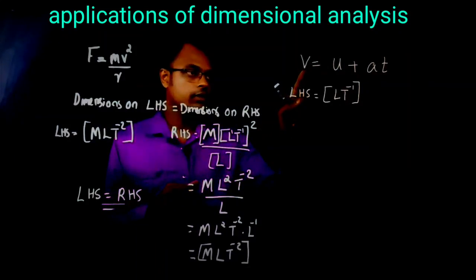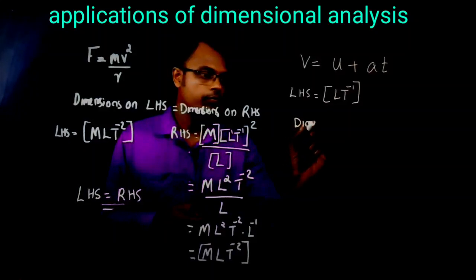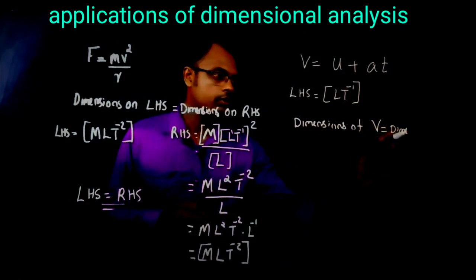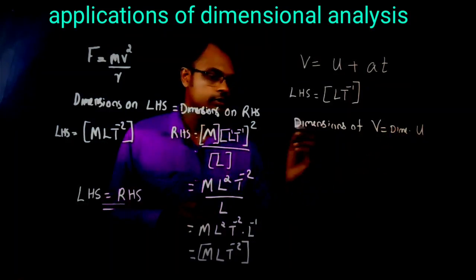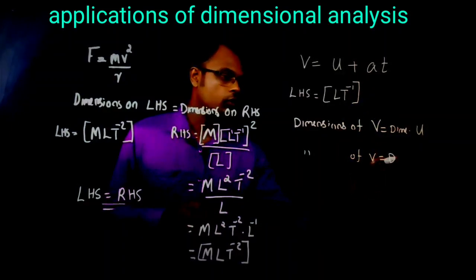So the dimensions of this term will be the same as V, and this one is also the same as V. What we are proving here is that the dimensions of V must equal the dimensions of U, and the dimensions of V must equal the dimensions of AT.